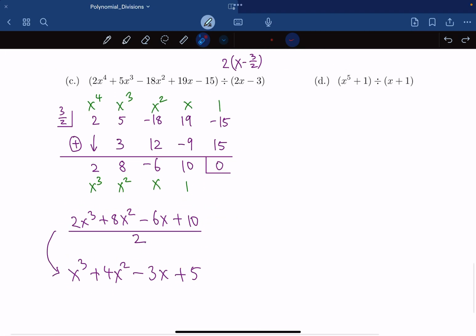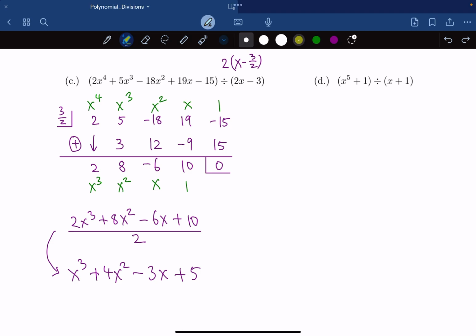So if you ever have to divide using this kind of linear polynomial, you set that equal to 0 and find the value to plug into this box. But after getting a final result like here, we have to take these numbers and divide them by the leading coefficient of this divisor.